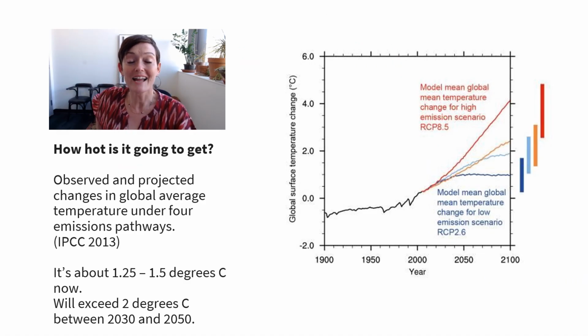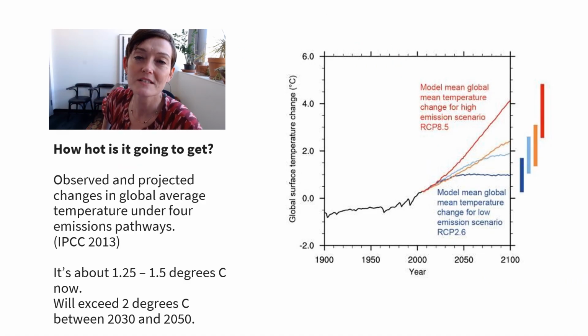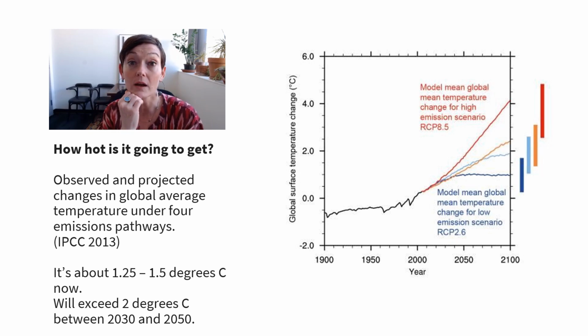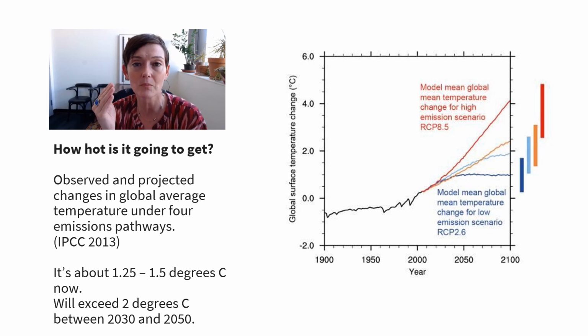So how hot is it actually going to get? Scientists have told us that we should stay beneath 2 degrees Celsius in order to maintain a tolerable form of life on this planet. What is really kind of shocking is that we are already between 1.25 and 1.5 degrees Celsius. So we are already very close to that point.